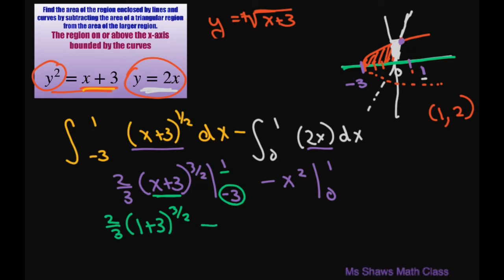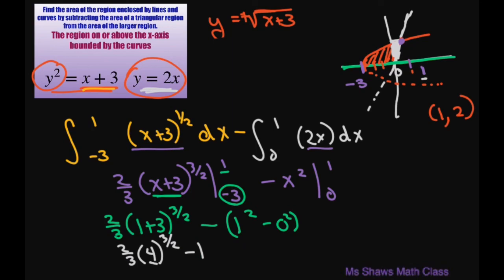This is going to be minus 1 squared minus 0 squared. Now, let's see what we get. This is going to be 2/3 times 4 to the power of 3/2 minus 1.